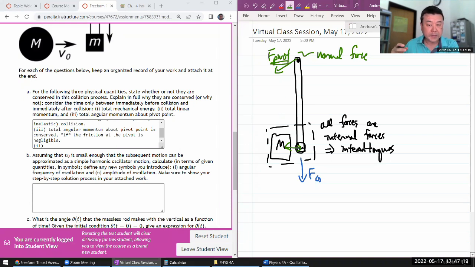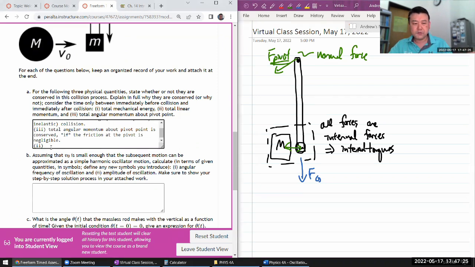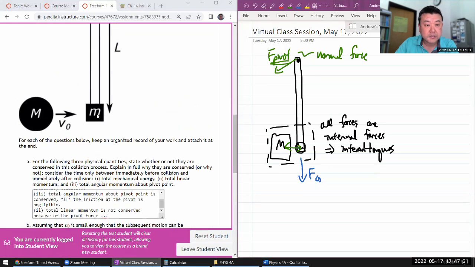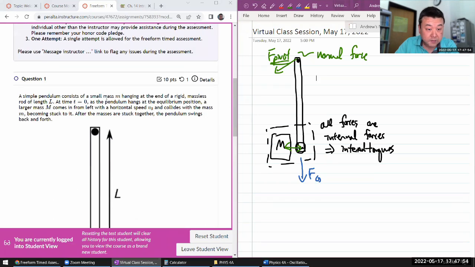And if I think about it that way, I would answer, total linear momentum is not conserved because of the pivot force. But in this particular case, this pivot force ends up being zero, especially if this rod is massless, which it says it is, the massless rod of length L.